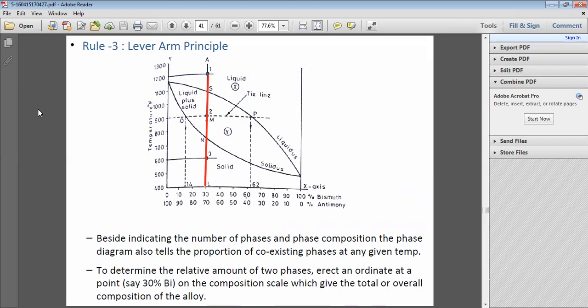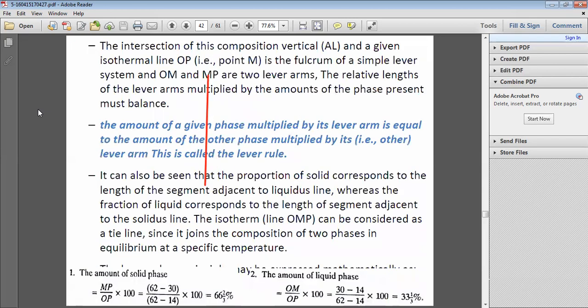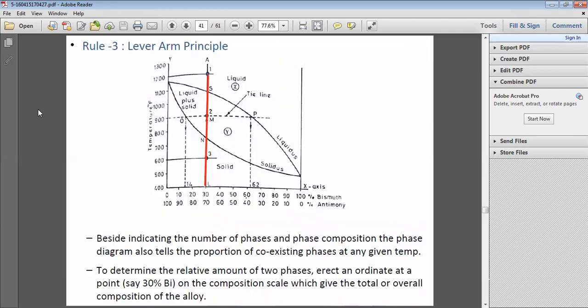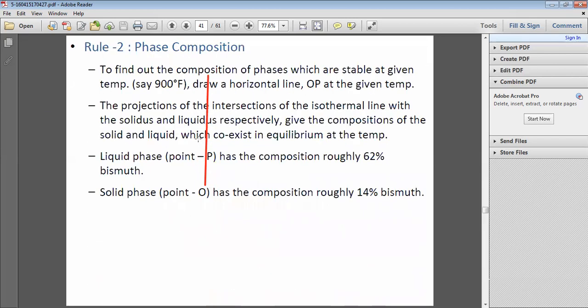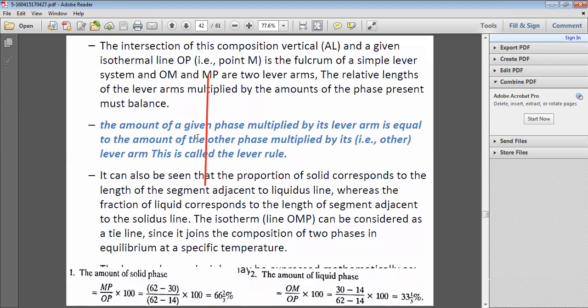So we take it like this. It goes at the intersection of composition AL, which is basically the whole line that we have coordinated for this part. Clear? So it says the intersection of the composition and a given isothermal line OP, that is point M.